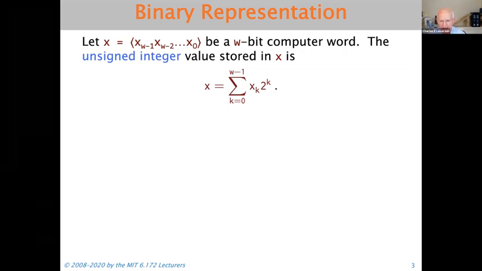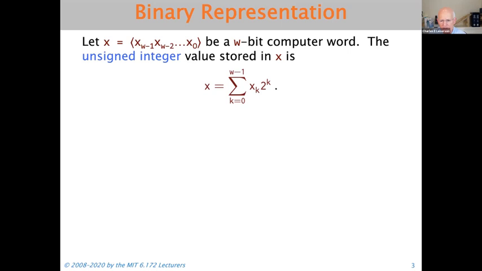Suppose that we have a W-bit word. Today, W is 32 or 64. Generally a power of 2, but the first machine that I worked on in college actually had 36-bit words. So it hasn't always been that way. It's standard to put the low order bit 0 on the right, and the high order bit W minus 1 in this case, on the left.